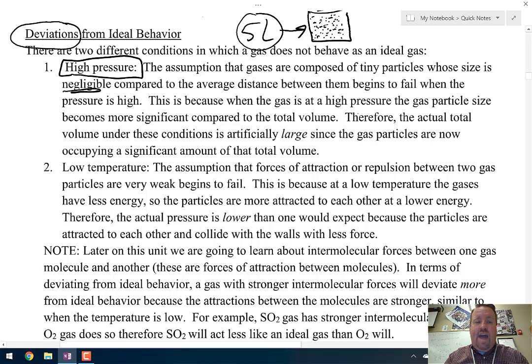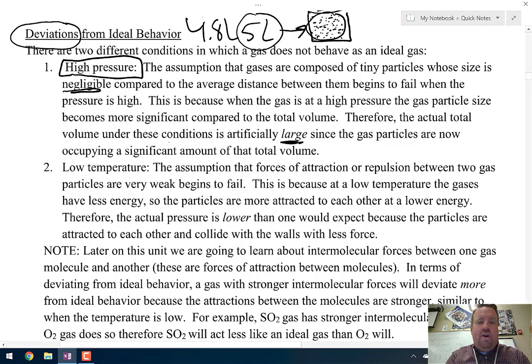Okay, so the actual total volume under these conditions is artificially large. So it seems bigger than it actually is. There might only be 4.8 liters of actual open space inside that container because now these gas particles are taking up a larger portion of that free space.